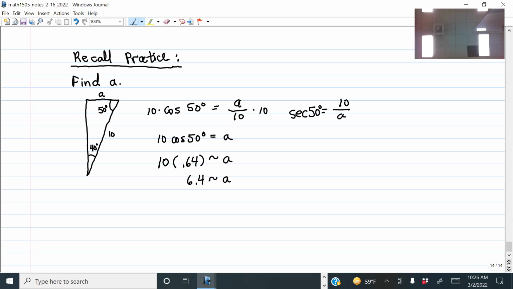So the reciprocal of the cosine is the secant. It's the reciprocal of the sine that's the cosecant. I know it sounds like the reciprocal of the cosine should be cosecant, but that's not the way it works. So we could have used secant, but probably that's not a key on your calculator, right? So this would be more difficult to use than cosine. So anyway, about 6.4.